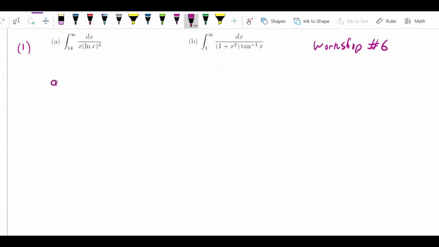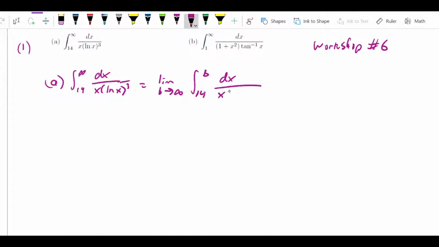How to do that? The way to do this, of course, is that the integral from 14 to infinity of dx over x ln x cubed is equal to the limit as b approaches infinity of the integral from 14 to b of dx over x ln x cubed.